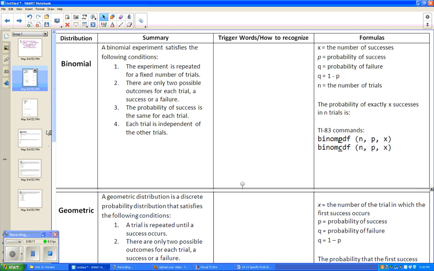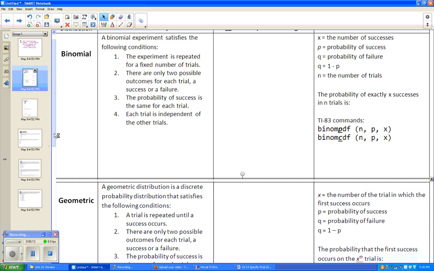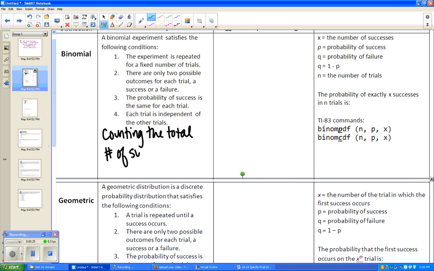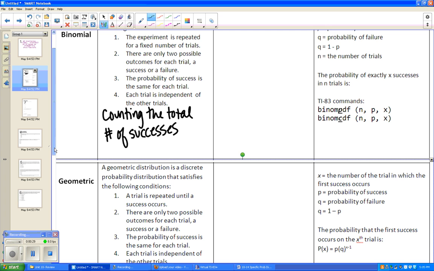Binomial and geometric are very similar. They both have two possible outcomes. The difference is that binomial is counting the total number of successes, whereas geometric is what we call a wait time. And you're waiting for something.